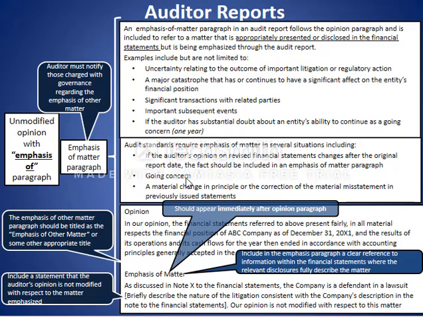Number 2, if there is a going concern issue with the company. And number 3, a material change in principle or the correction of a material misstatement in previously issued financial statements.